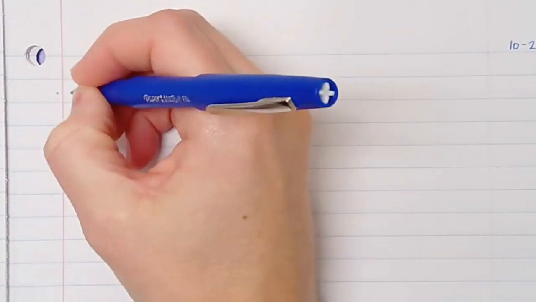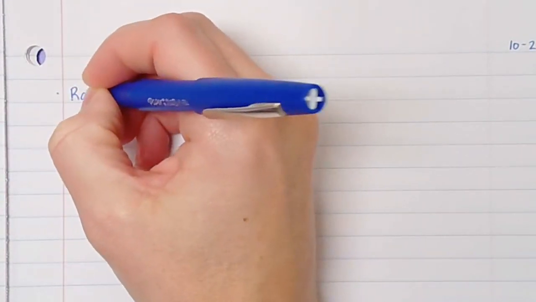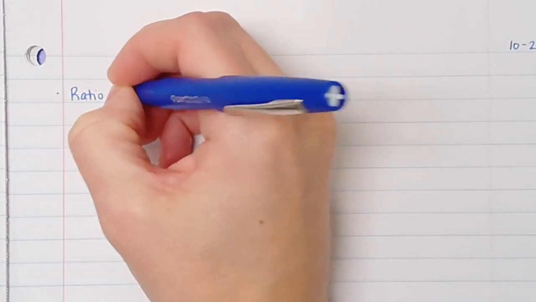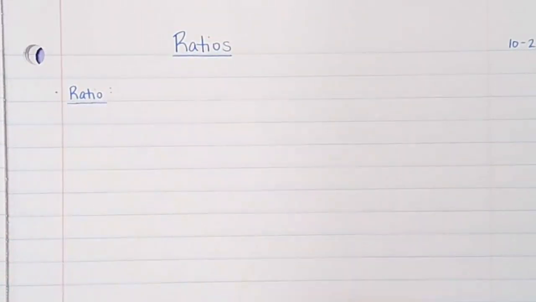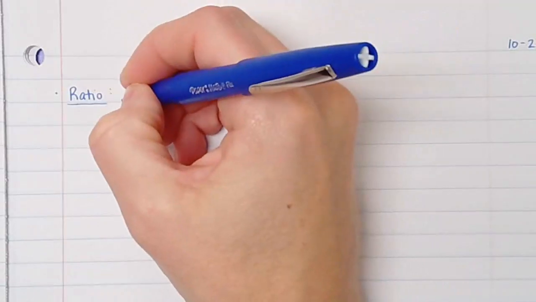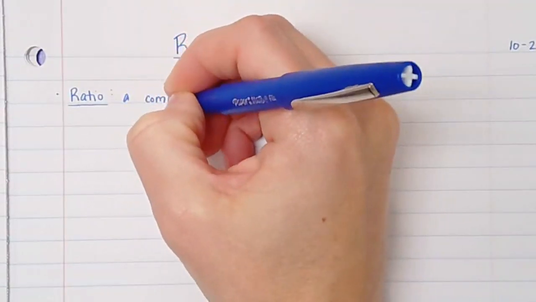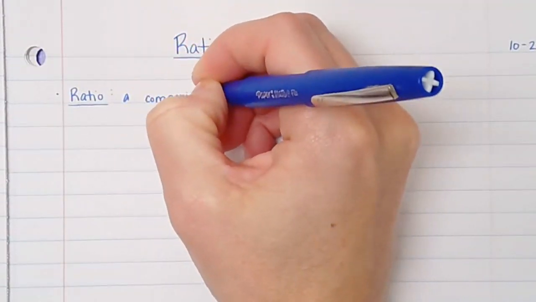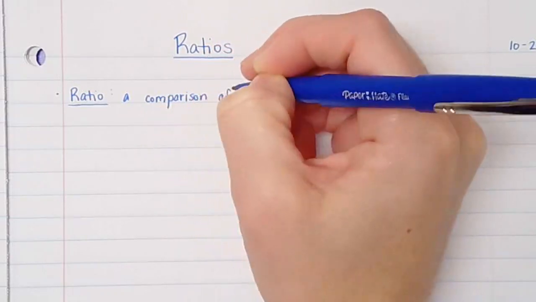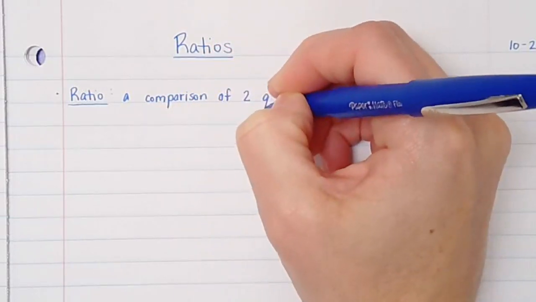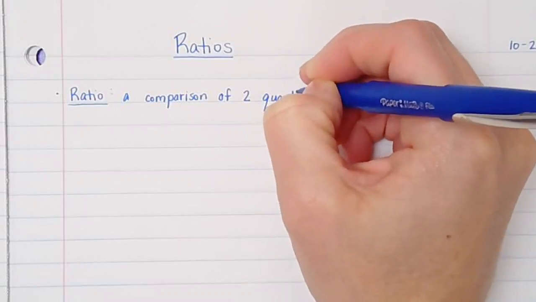Just a quick definition. A ratio is a comparison of two quantities.